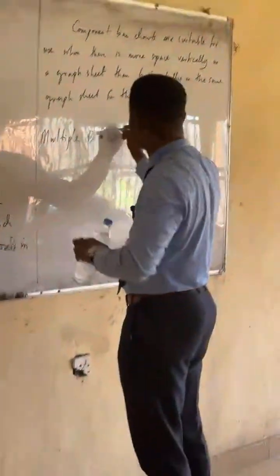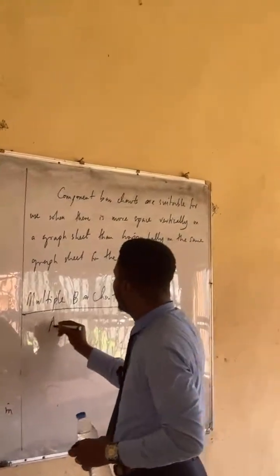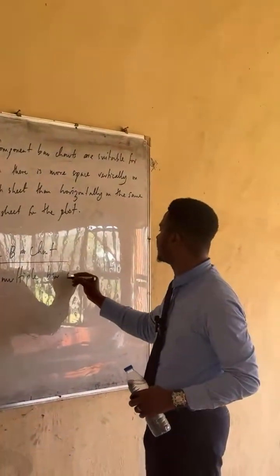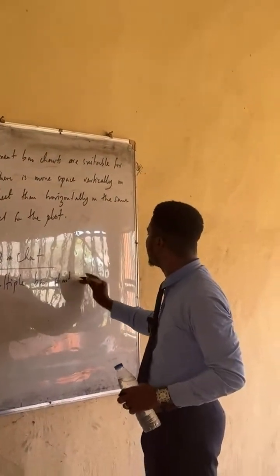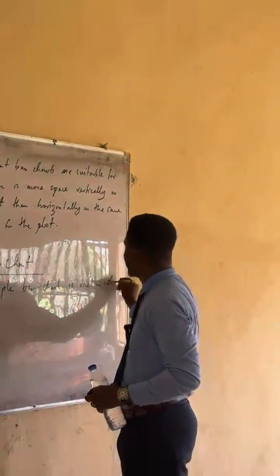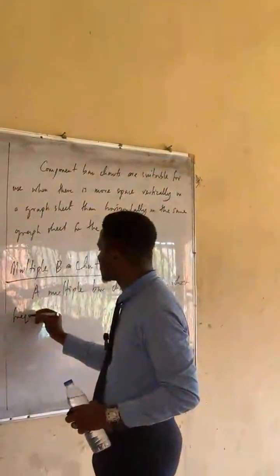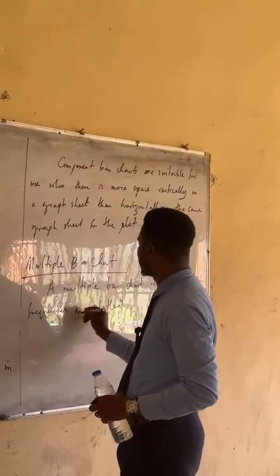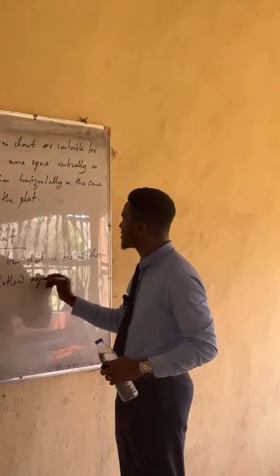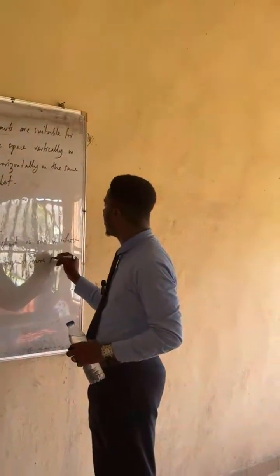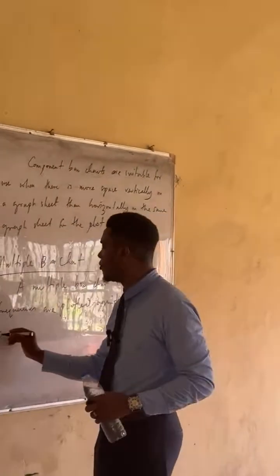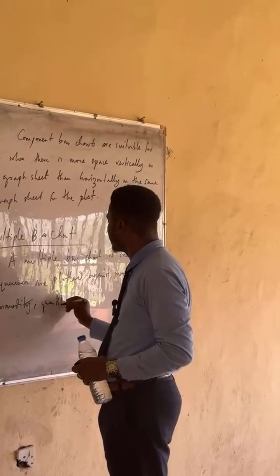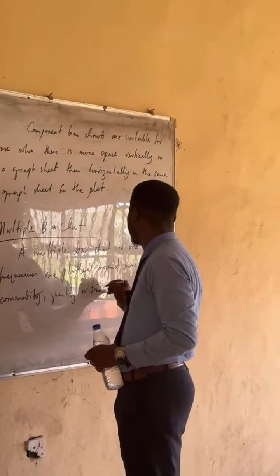Multiple bar chart. A multiple bar chart is one in which frequencies are plotted against more than one what? One commodity, against more than one commodity, quantity, or time consideration.